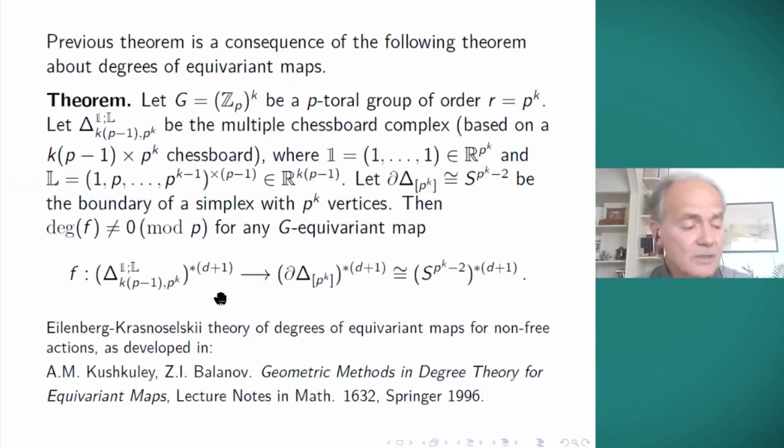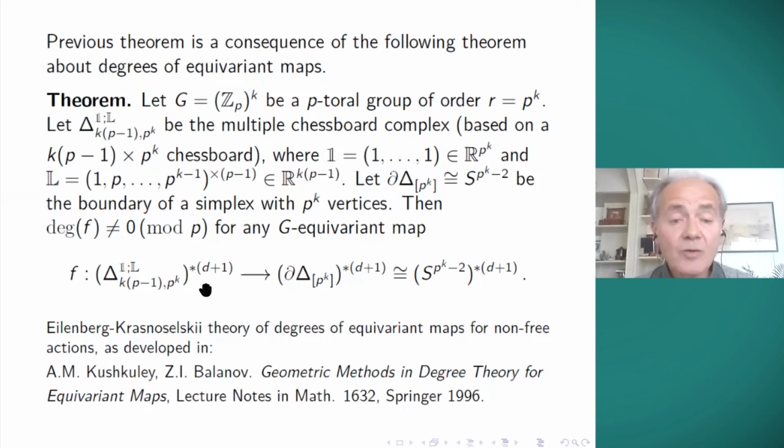So here is, I think, yes, the key result about the degrees of maps. So you remember that the degree of maps is a very efficient method for proving, well, maybe more Ulam type theorems, but it can also be used directly.